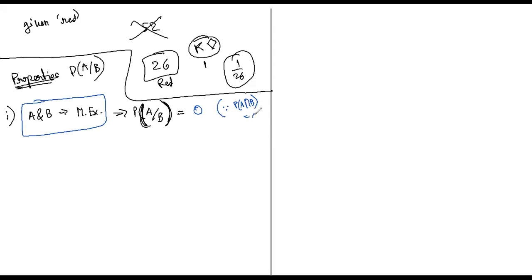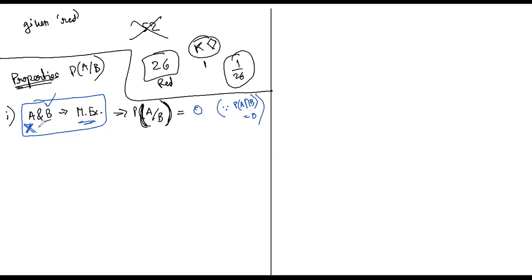So mathematically P of A intersection B 0 है इसीलिए, but common sense use कीजिए. Mutually exclusive का मतलब क्या? If B occurs then A will not occur. एक होने से दूसरा हो ही नहीं सकता. It's like India versus Pakistan. If I tell India has won, what is the probability that Pakistan has won? 0, because if India wins then Pakistan cannot win.